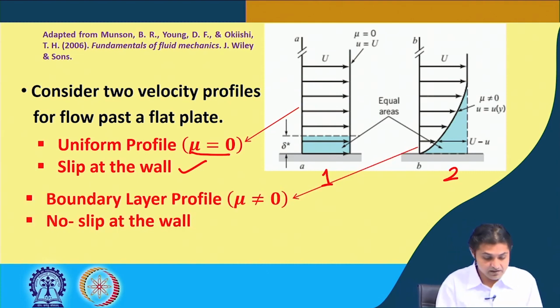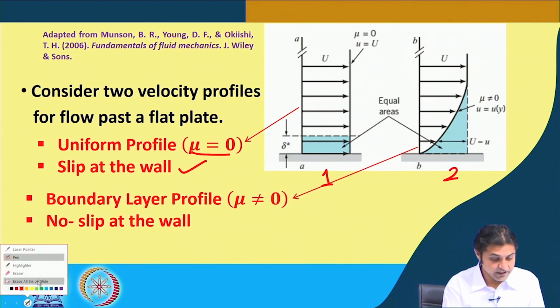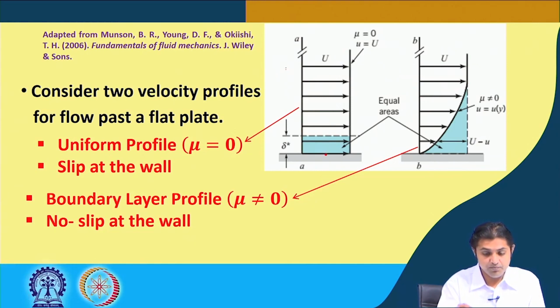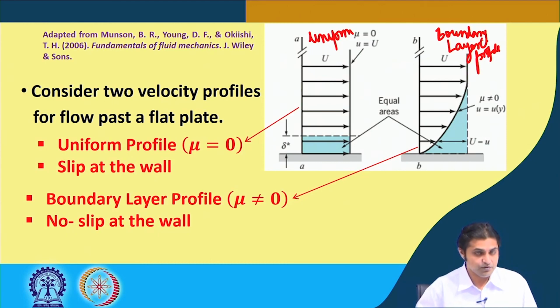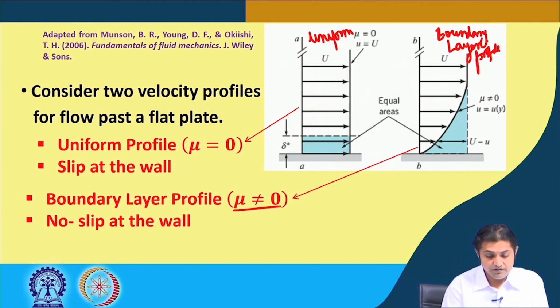The second is the boundary layer profile. This is the uniform profile, and this is the boundary layer profile. Here there will be some viscosity and mu is not equal to 0, and there is going to be no slip at the wall.